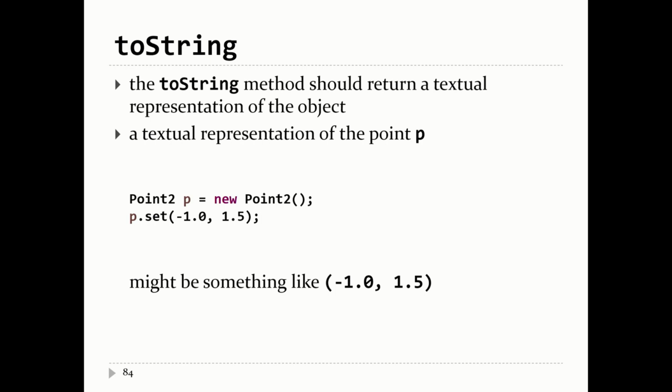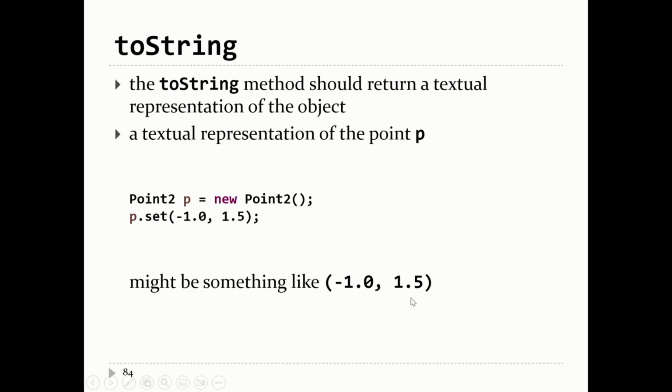What does toString do? toString is supposed to return a string or text representation of an object. Now, if you're implementing your own class, you get to decide what the string representation of your object is. So for points, we get to decide what we want a point to look like when we print it.